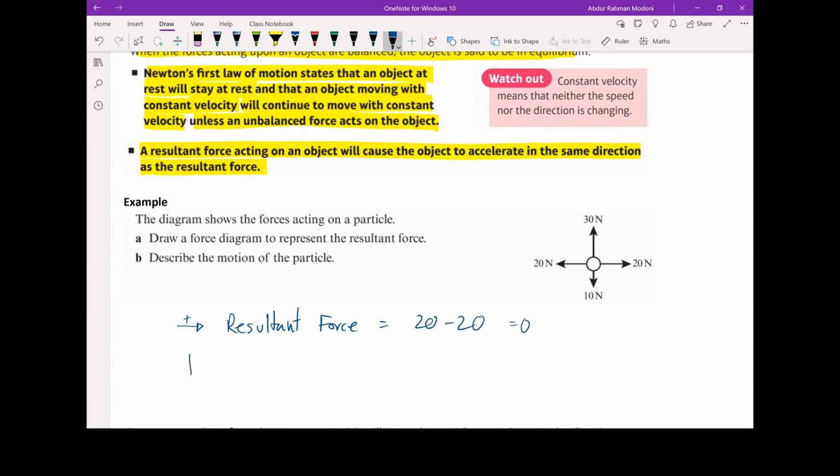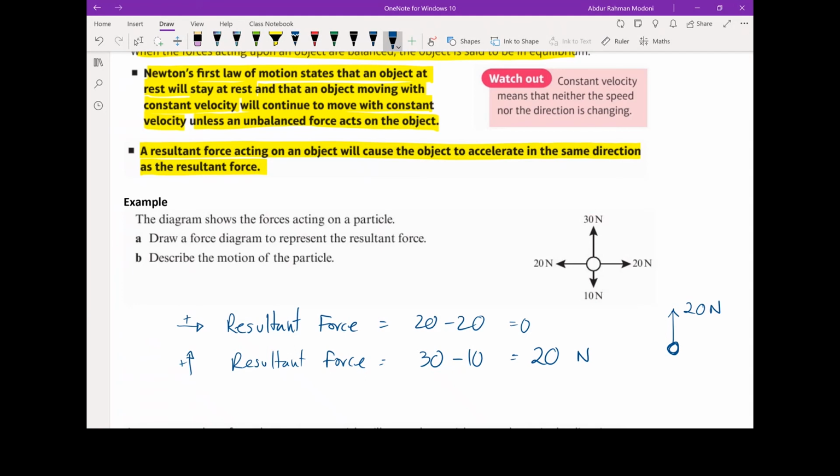In the vertical direction, I'll take up as positive. The resultant force in the vertical direction for this object is 30 minus 10, which is equal to 20 newtons. So in total, the object simply has a 20 newton force acting upwards on it.